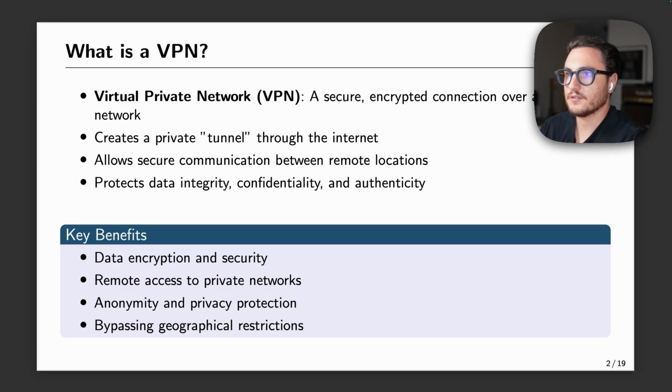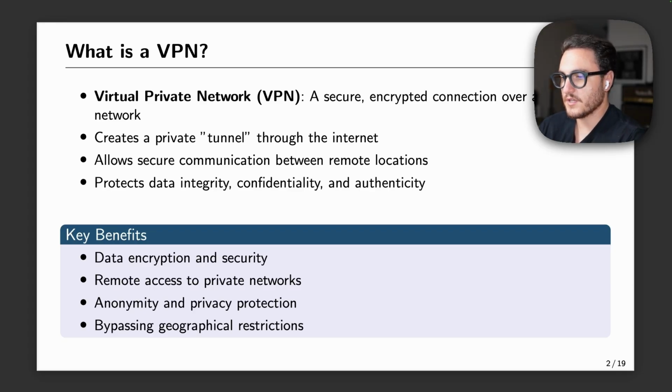So a private network is the one that you have at home. A virtual private network tries to emulate the security of a private network that you have at home, wherein you own all the devices that are inside your house, but leveraging the public network.